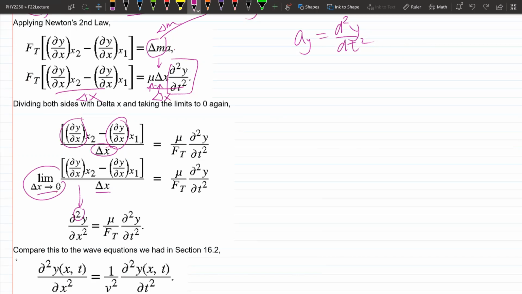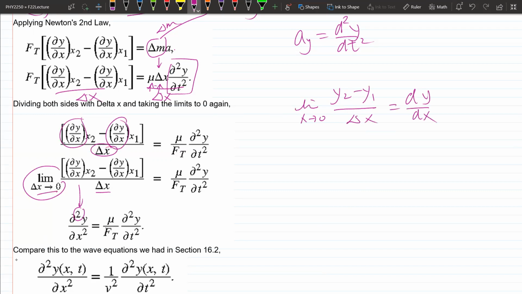Just like if you have y2 minus y1 divided by delta x, not delta t, and you take the limit as delta x goes to 0, this turns it into the first derivative of y.